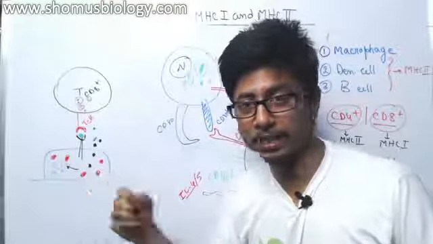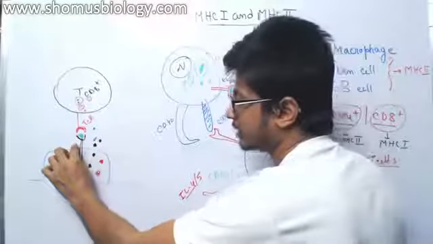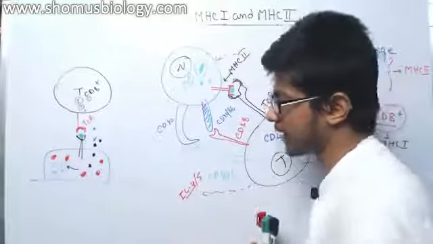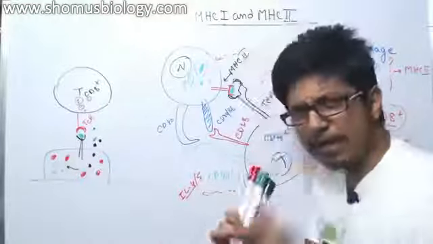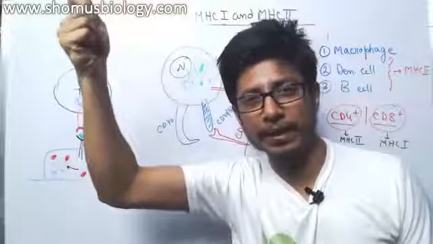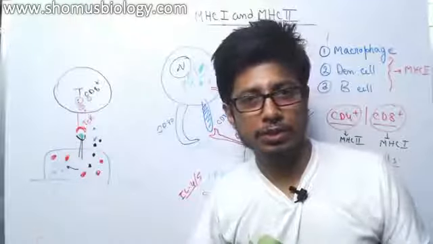We need to take action. For example, here MHC1 loads some fragment of the pathogen and showcases it outside, so this cell is now very sick. It's showing a flag outside saying I am sick, please kill me, to prevent damage to the rest of the tissue.